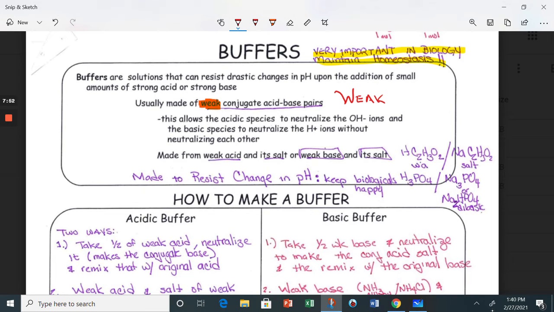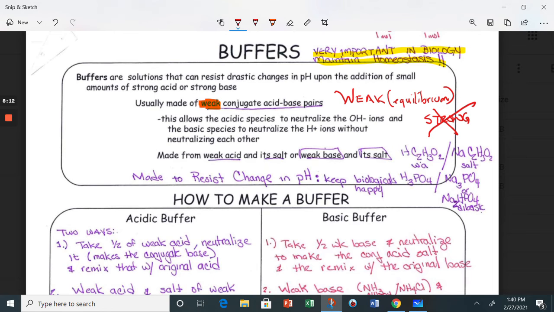Weak, because you have equilibrium with the weak. That's how a buffer works. Strong is not acceptable. So this is why you need to know your strongs, because it won't work with a strong. There is no equilibrium.